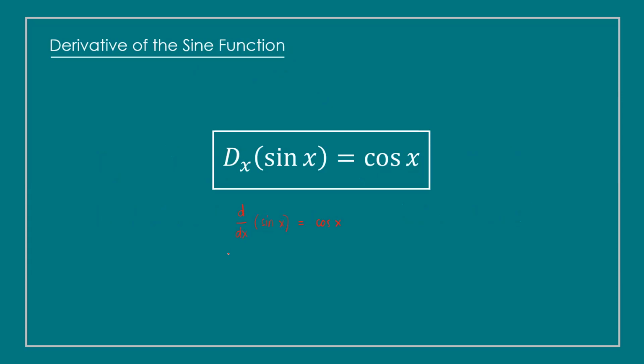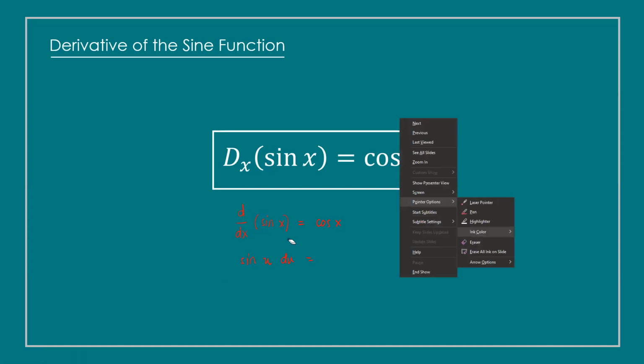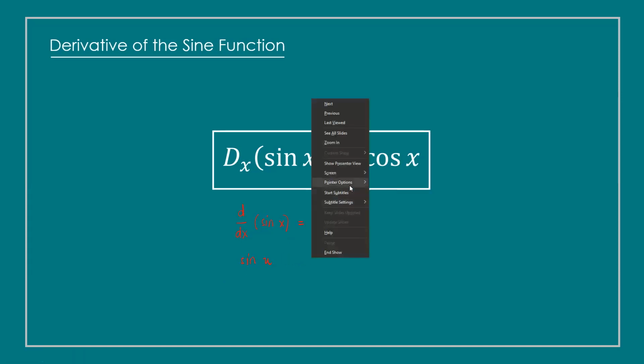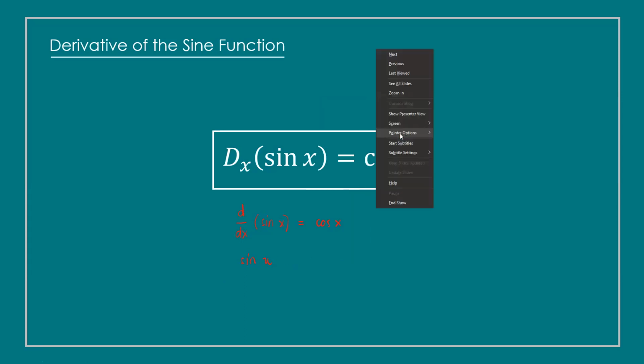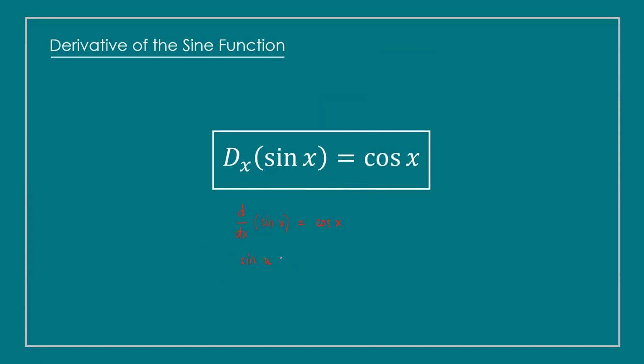The other formula will present us with d of sine u is equal to cosine u du.